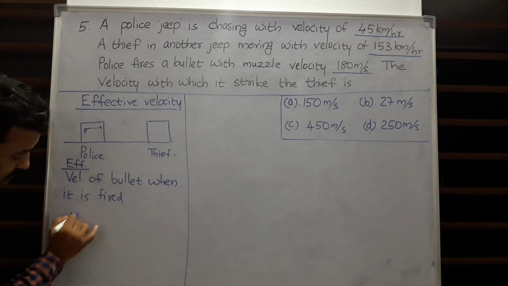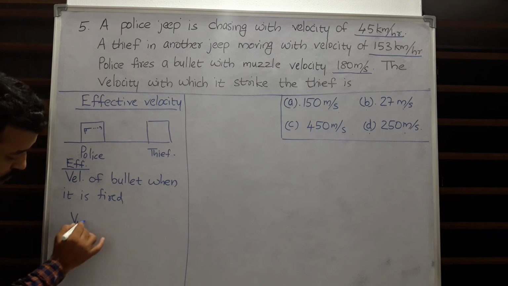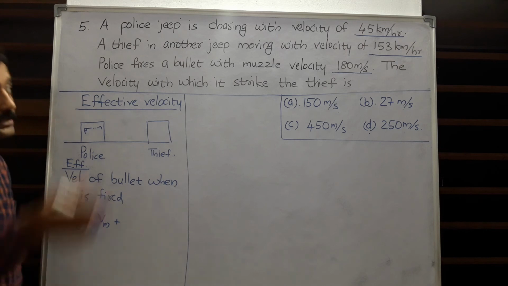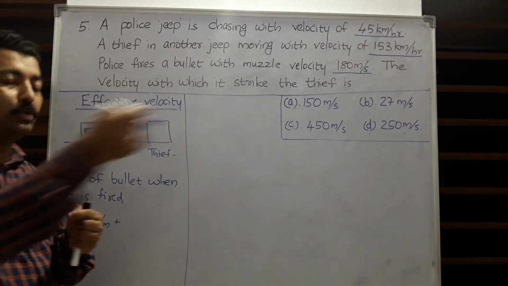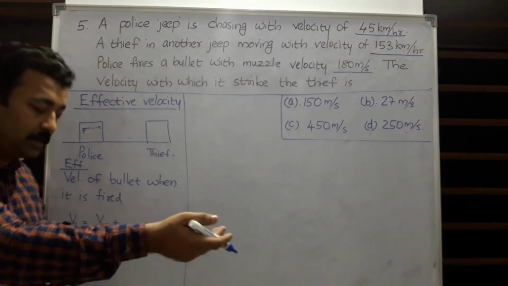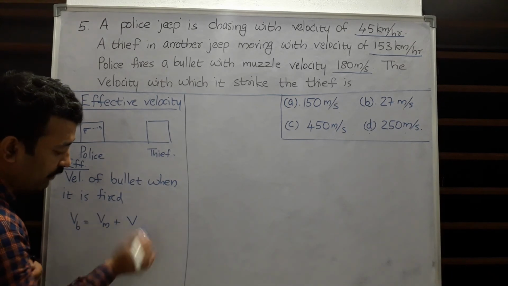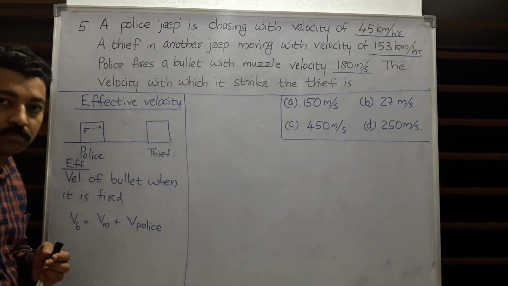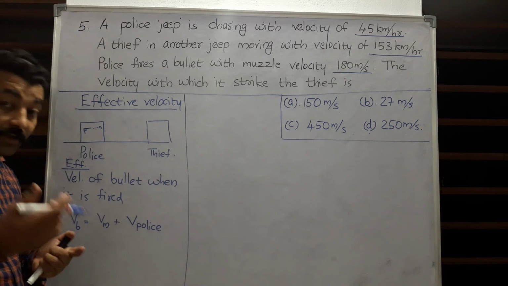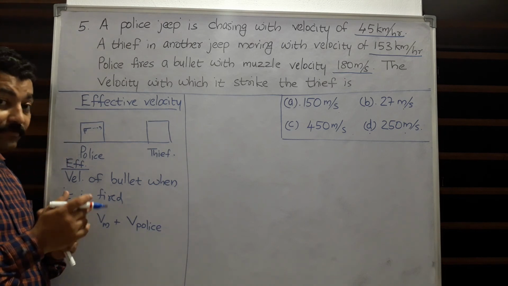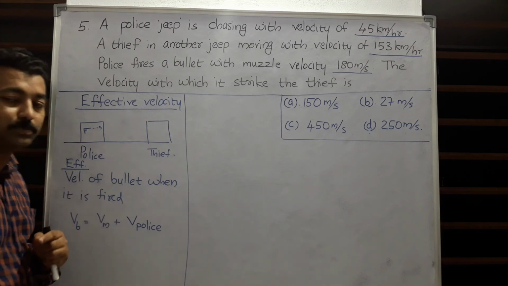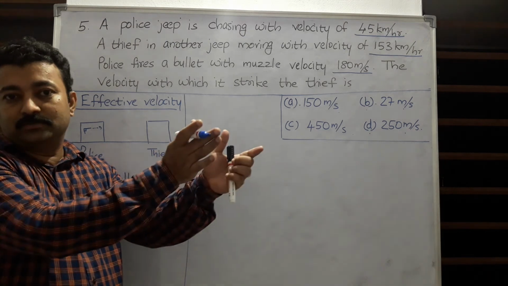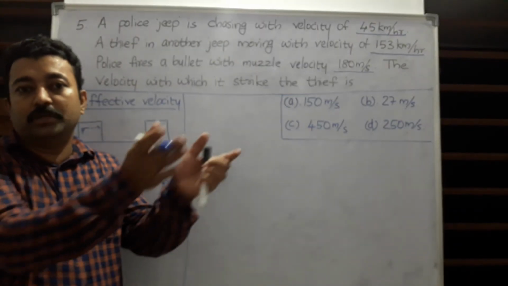The velocity of the bullet will be equal to the muzzle velocity of the bullet, that is the normal velocity which the bullet gains when it comes out of the gun, plus the velocity of the police jeep. That is the effective velocity. That means the bullet will have a velocity greater than its muzzle speed, because it is in a frame which is already moving.